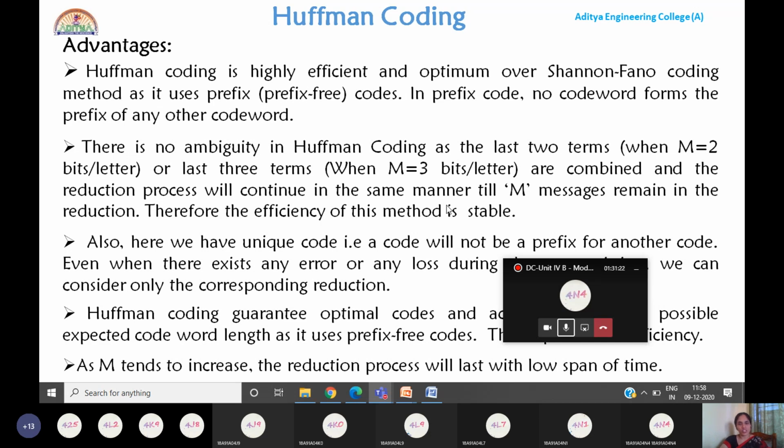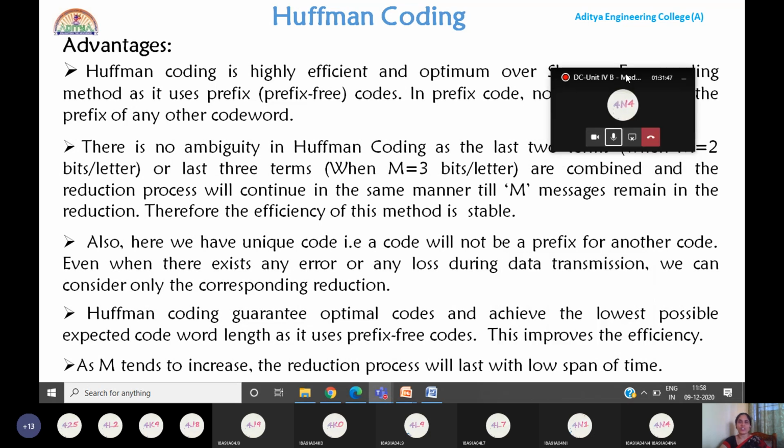So the efficiency of this method is stable. Anyhow, we'll discuss the process, but the thing here is there is no ambiguity in Huffman coding, because we don't have any partitioning procedure. Here we'll combine the last m terms as a reduction process. So these are the two advantages.